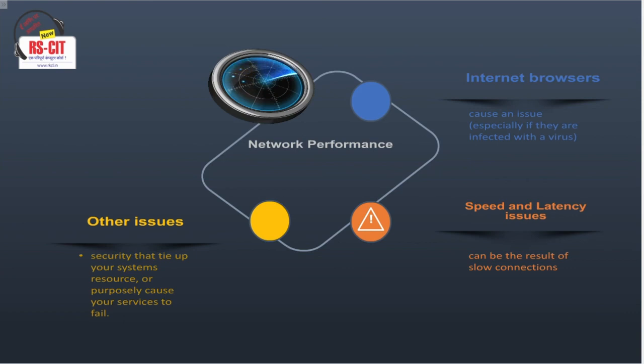Other issues relate to performance or security that tie up your system's resources or purposely cause your services to fail. Internet browsers can also cause an issue, especially if they are infected with a virus. So make sure that this is not the case, or that your system's browser settings are not restricting sites.